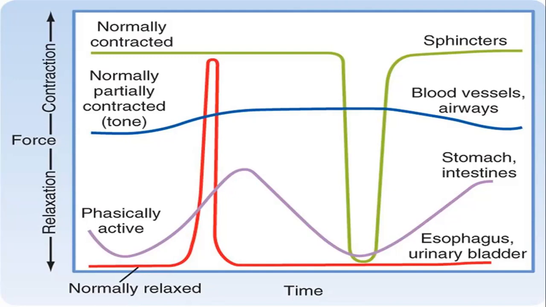Phasic smooth muscle corresponds to the single unit category that we have already learned about. Smooth muscle that is continuously active, on the other hand, is termed tonic smooth muscle. Vascular smooth muscle, respiratory smooth muscle, and some sphincters are continuously active.